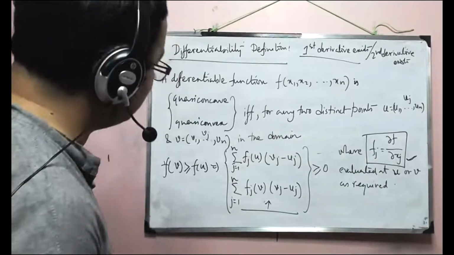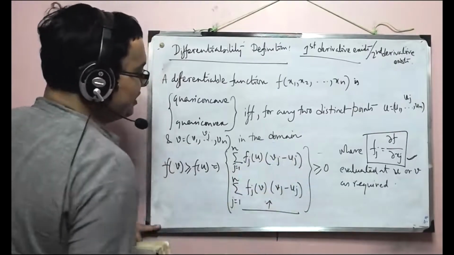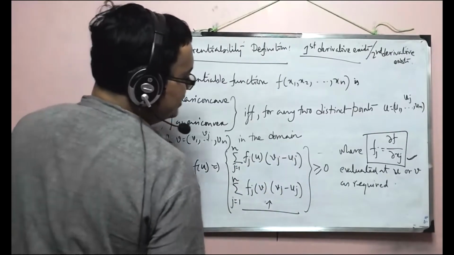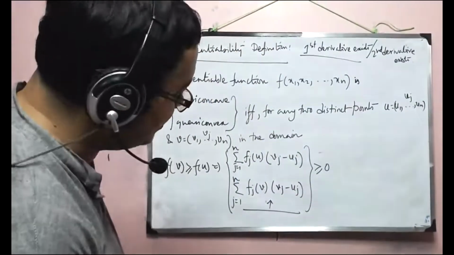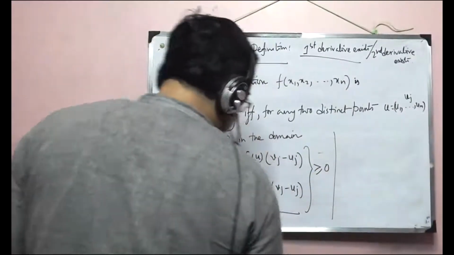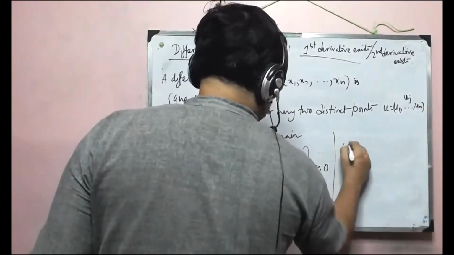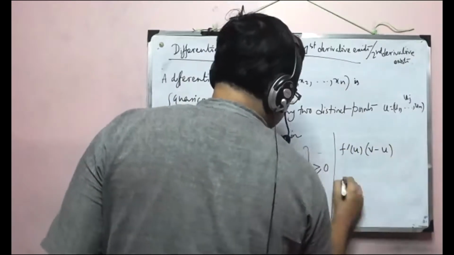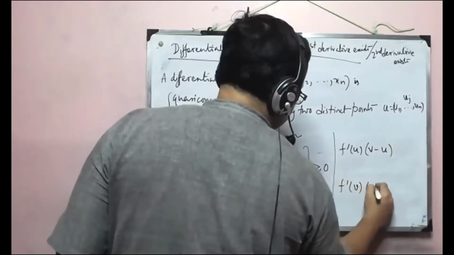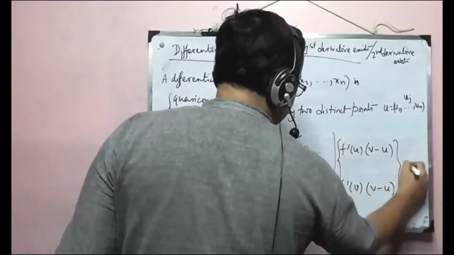Anyways, in terms of univariate functions, I'm just going to rewrite here, erasing. What I'm saying is that f prime(u) times (v minus u) and f prime(v) times (v minus u) must be greater than or equal to 0.